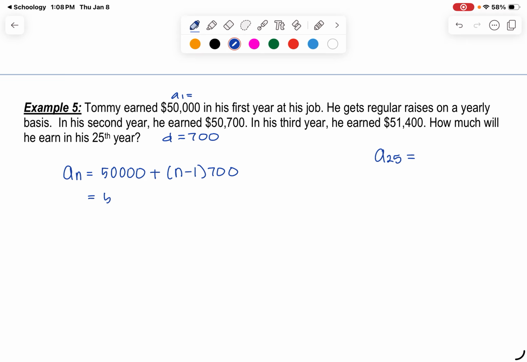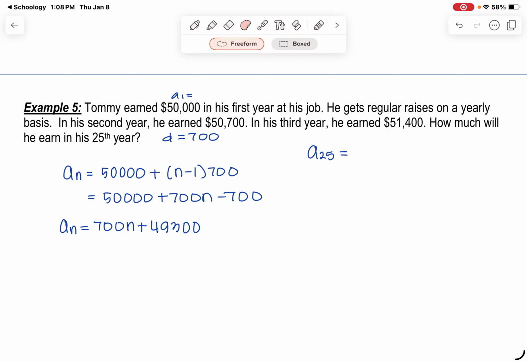Clean this up. We have 50,000 plus 700n minus 700. So our rule to find out what he makes in any year is 700n plus 49,300. Okay, so that's the rule to figure out what he earns any year. So if we want to know how much he earns in his 25th year there, we can plug 25 into that.